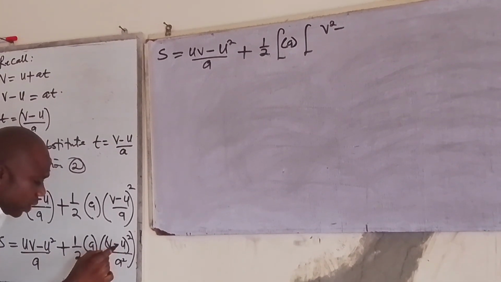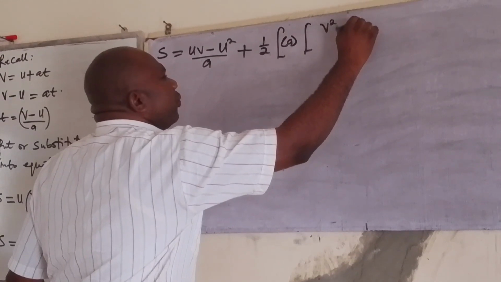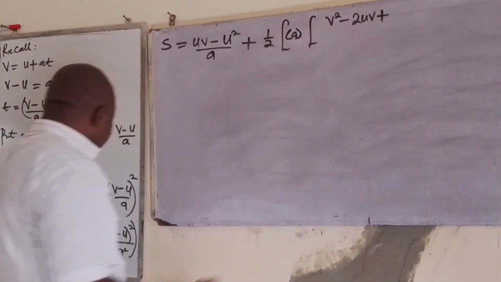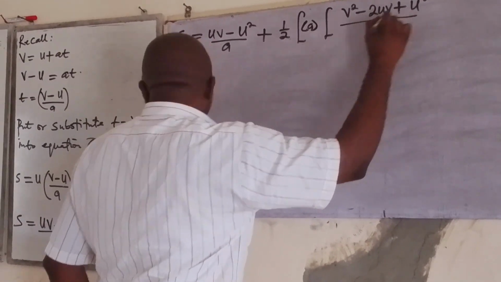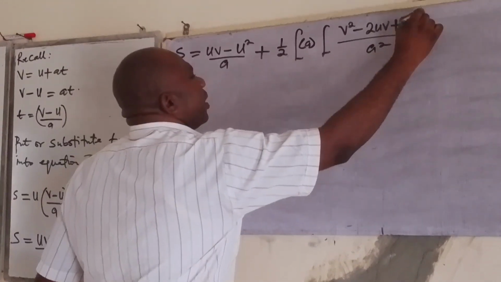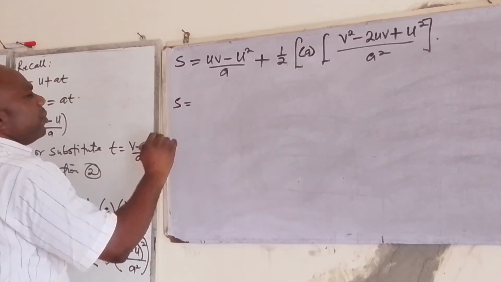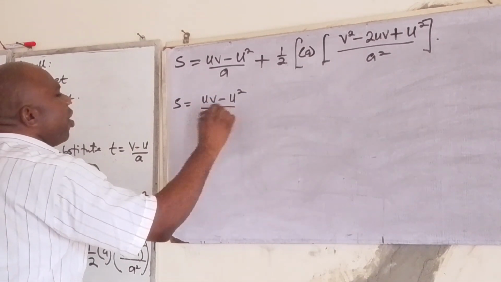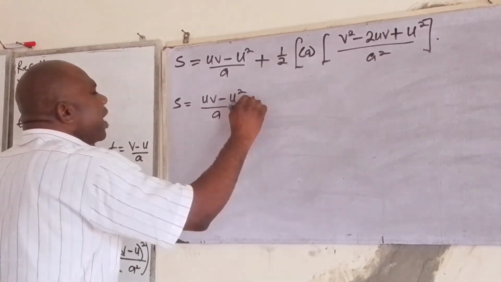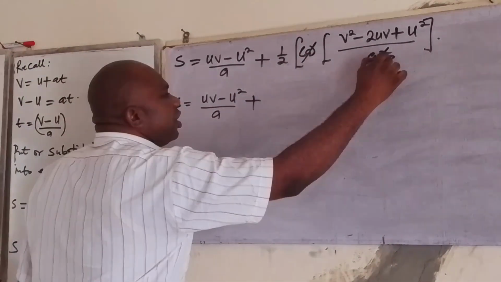That will be v squared minus 2 times v times u, that's 2uv, then plus u squared, all over a squared. So x is equal to uv minus u squared all over a, then plus. Now look at this: this a will cancel one, and this a here will be left with a.